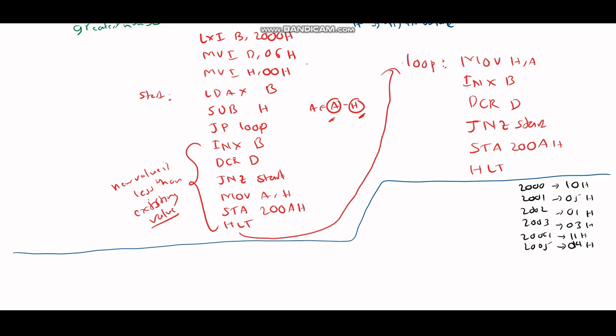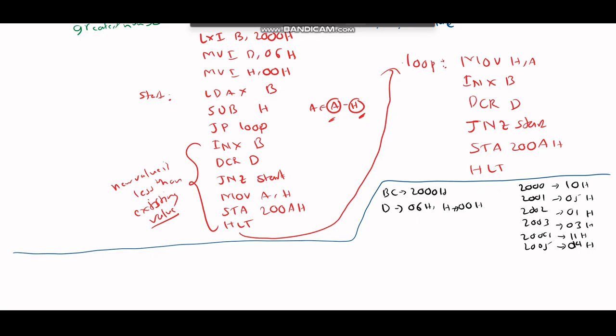So how will we proceed with this program? Very first we are going to move the address 2000 into BC. So BC will now have the address 2000. Then I will have a value of 06 in D and 00 in H.